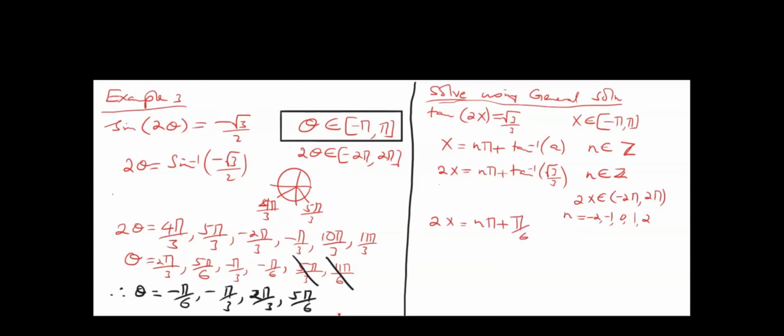If I substitute negative 2, that gives me negative 11 pi on 6, so 2x equals negative 11 pi on 6. If I substitute negative 1, that's going to give me negative 5 pi on 6. If I substitute 0, it's going to be pi on 6. If I substitute 1, that's going to be 7 pi on 6, and that gives me 13 pi on 6.